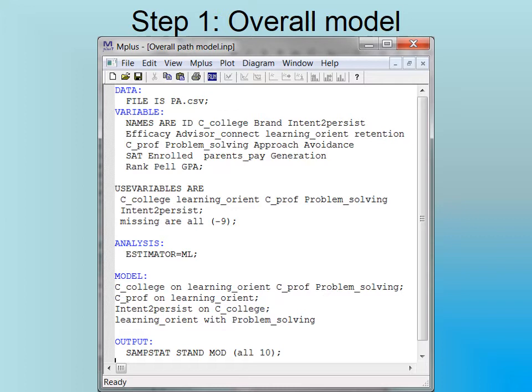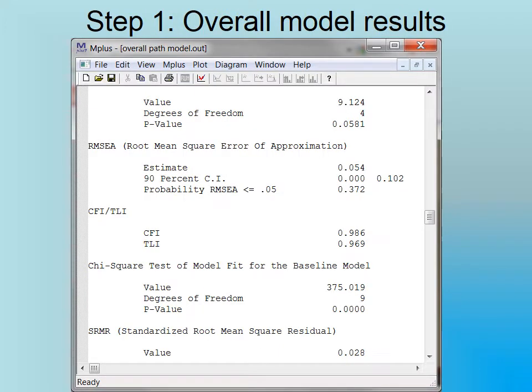It's just a very simple path model. As you can see here, our chi-square is non-significant, which is a good thing, and our CFI, TLI, RMSEA, and SRMR are all well within the acceptable standards.